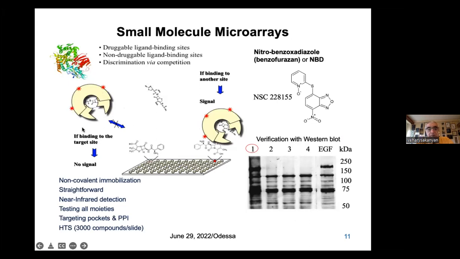There are two possibilities to choose the molecule which is interesting for you. First of all, if there is a binding of the labeled protein, you will have a signal which appears here. Probably it is, for example, some kind of control which can be used in this binding assay.